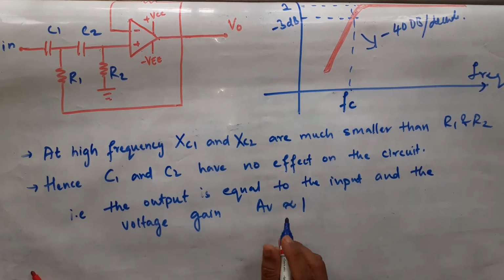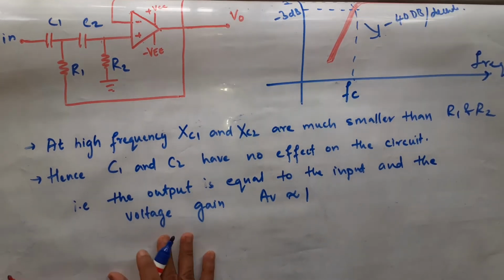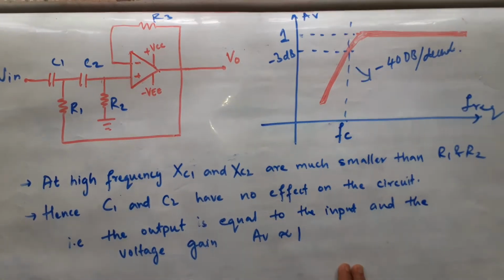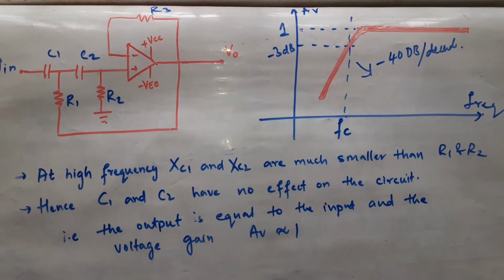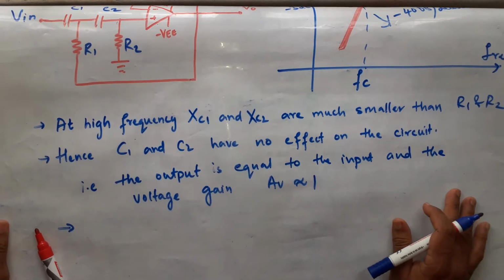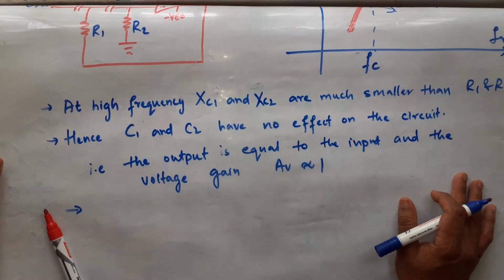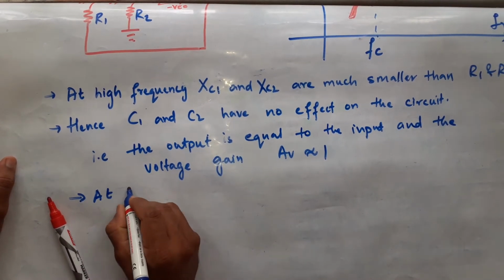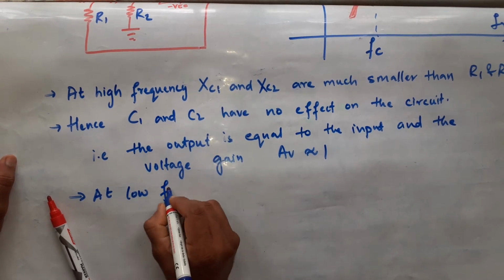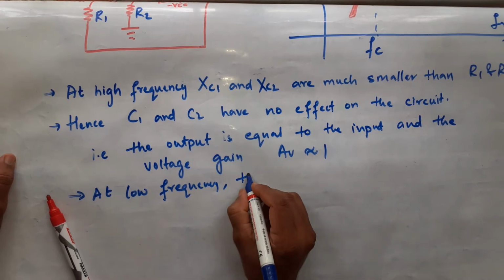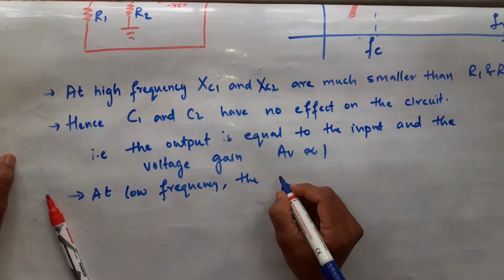Now let us analyze what happens when the frequency is low in this portion. At low frequency, let's see how C1, C2 is going to affect.